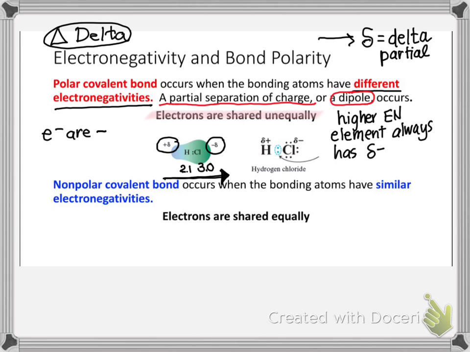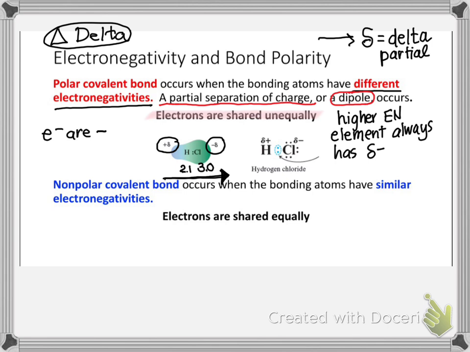When you have a delta positive and a delta negative, you have a partial separation of charge, which is called a dipole. A complete separation of charge is when you get ions, when the electron is completely removed. But this is just a partial separation. The electron's not removed. The cloud is just shifted toward one side more than the other.